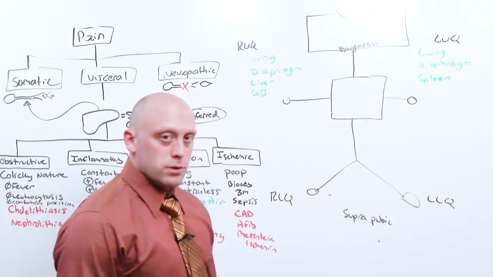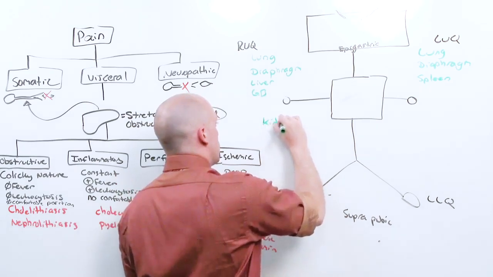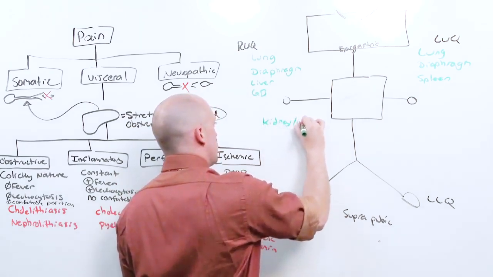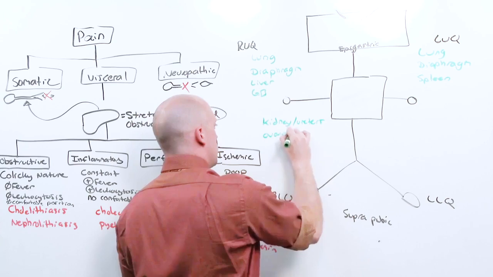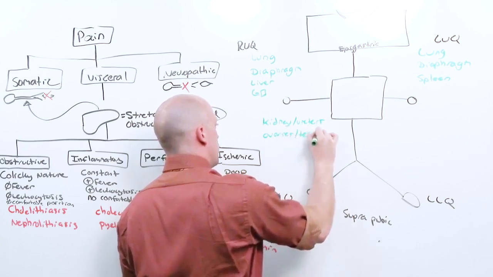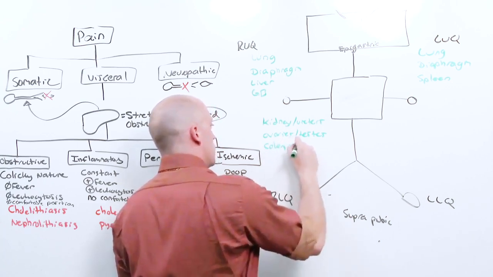The lower quadrants don't have too many things. You're going to have the kidneys and ureters, ovaries and testes, and the colon. On the right, the colon is the appendix.